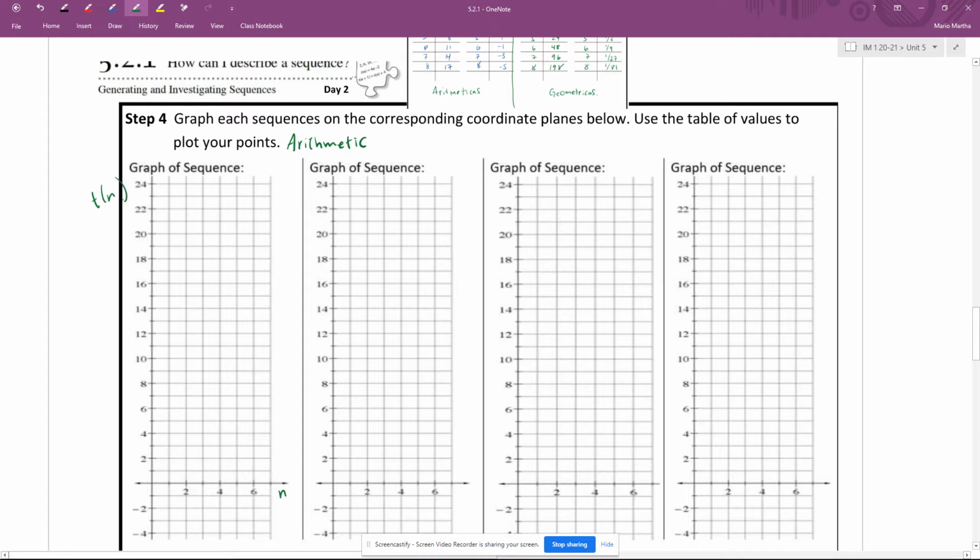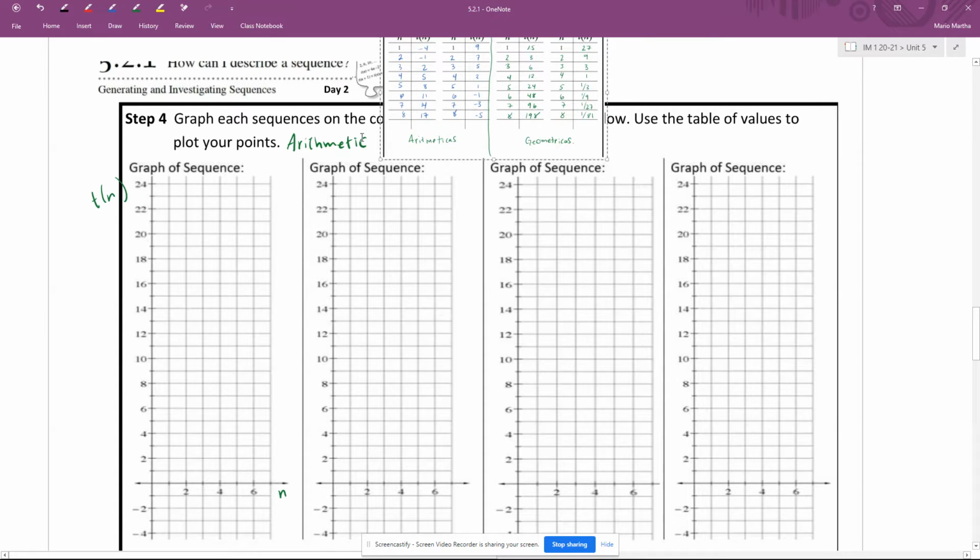First value, if you notice on the table, we have 1, -4. So 1 and -4 down here. And then our next value is 2, -1. I keep going up by 3 each time. So these are the points that were generated by that sequence, and it can continue on and on.